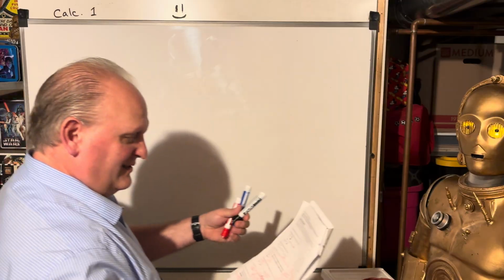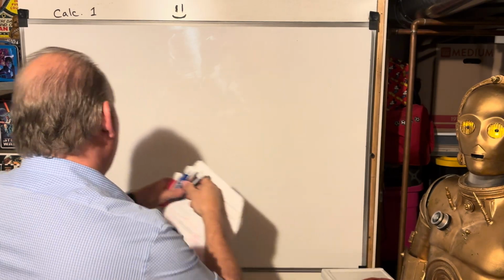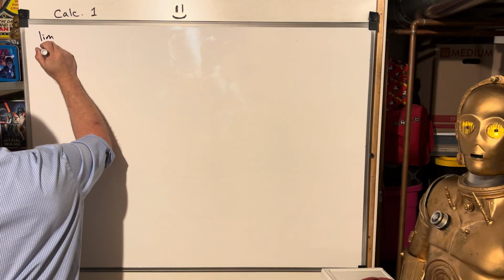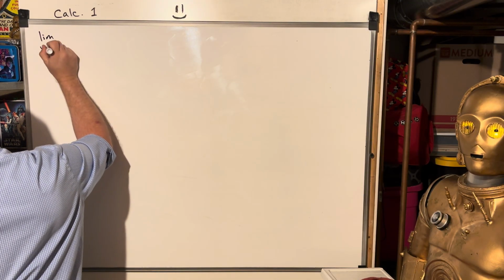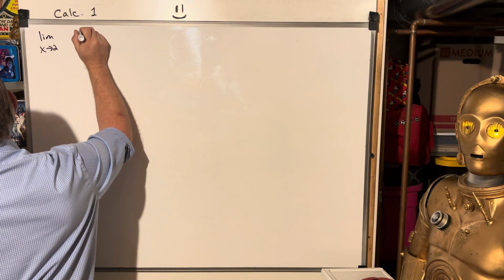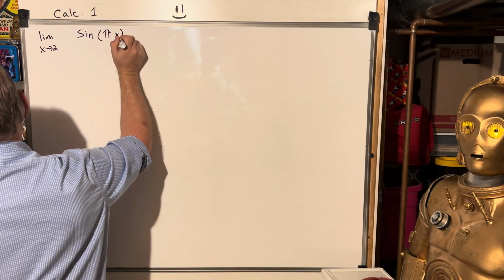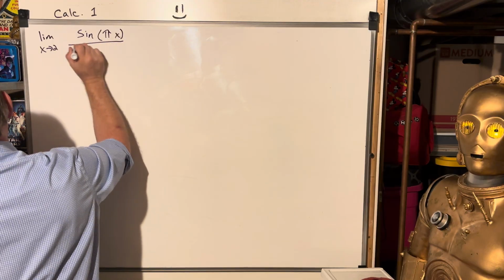And let's look at D, the limit as x approaches 2, that's not a big deal, of the sine of pi x over 2.